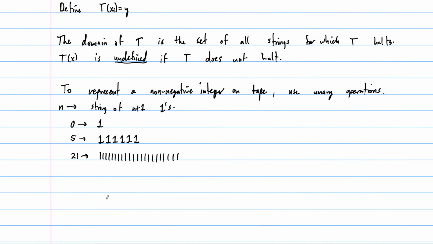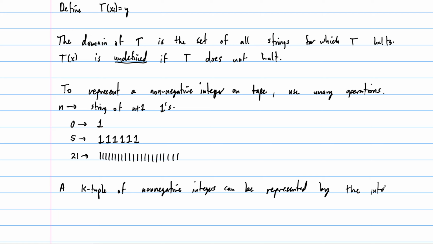Now the question is, if we're going to try to represent our functions, remember our transition function takes in tuples. So let's say it this way. A k-tuple of non-negative integers can be represented by the integers separated by asterisks.